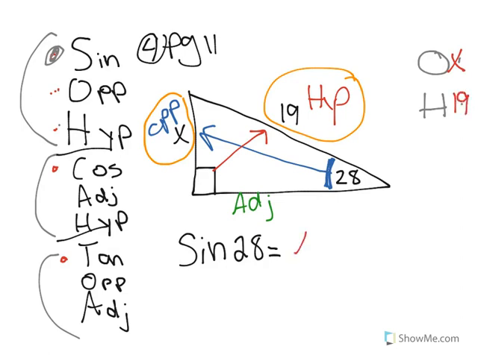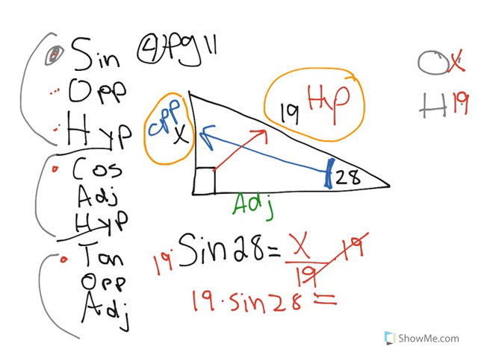So it's going to be equal to x over 19. And your goal is to get x by itself. So right now it's being divided by 19, so I'm going to multiply both sides by 19. Once I do that, I have x by itself.